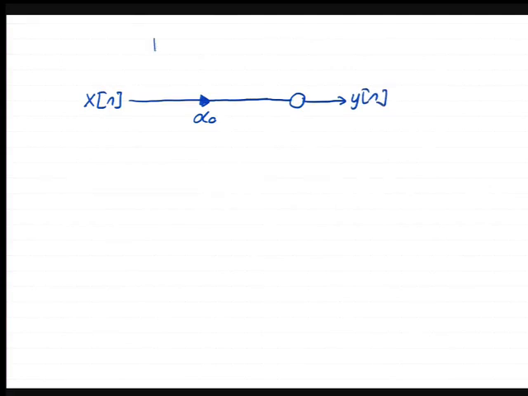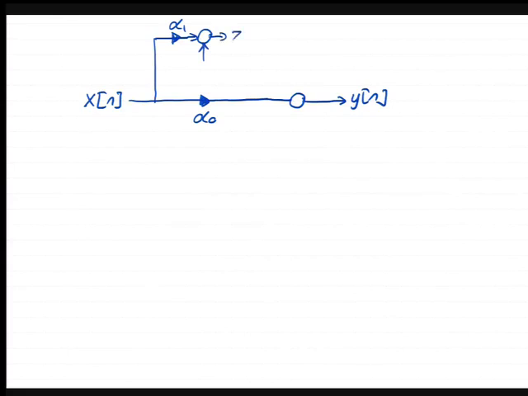So there's another branch. So x gets multiplied by alpha 1. And then there's a little small, oh no, positive. So again, if you don't see a negative sign in the circle, that means you're just adding, okay?